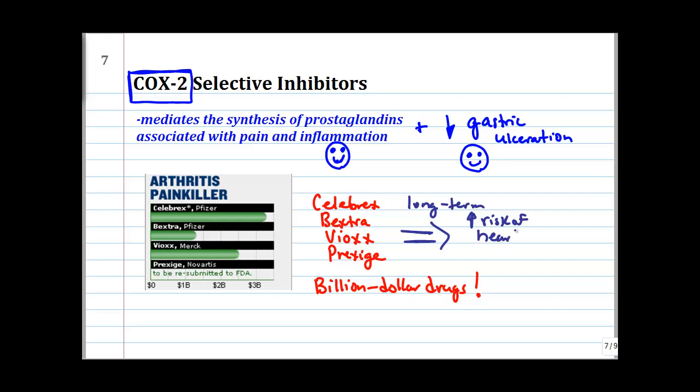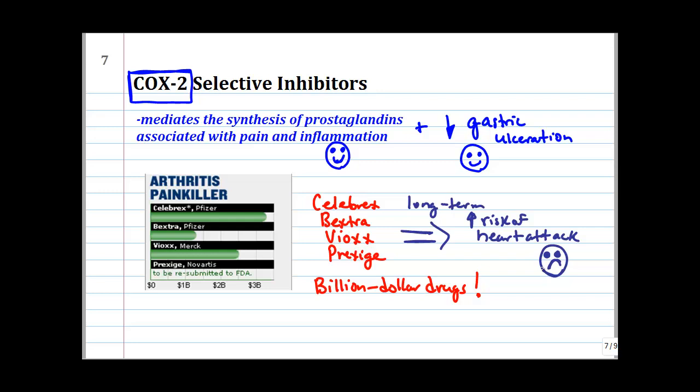So I'm going to give that the frowny face. So these COX-2 selective inhibitors were very, very promising. They relieve pain and inflammation by blocking prostaglandin formation. They didn't have as much, or I guess, maybe I wouldn't say not at all, but at least reduced gastric ulceration that's associated with the non-selective COX inhibitors. So that was a win-win right there.